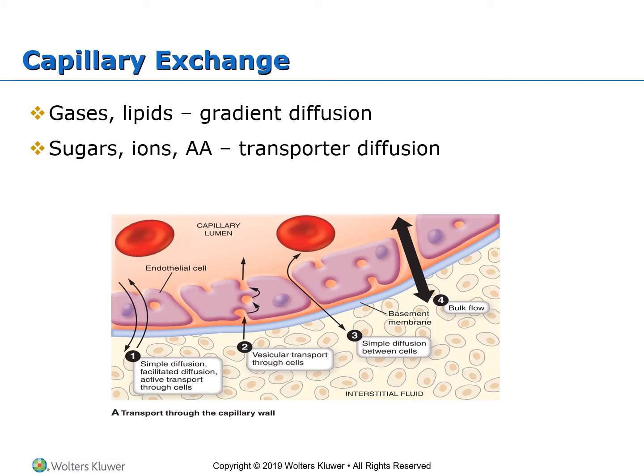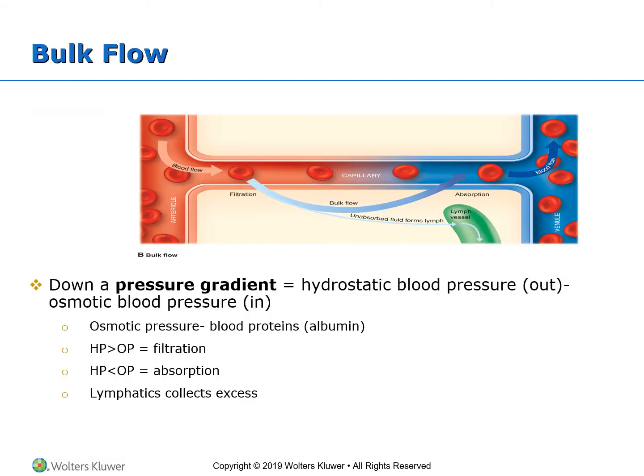Instead of going between the gaps, between the cells, it happens through a cell that will engulf that particle and release it on the other side. And we'll discuss in a second what is called the bulk flow. When we are looking at the bulk flow, that is a movement of fluid across the capillary wall down a pressure gradient.